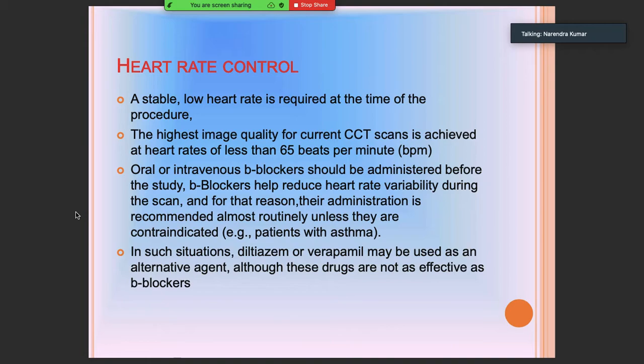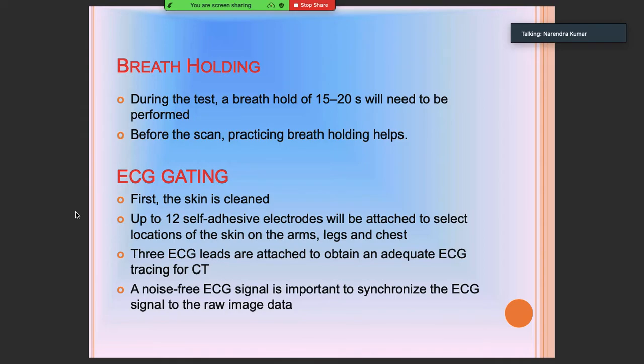Similarly, on the other side, good heart rate control is very important, for which, as I said, less than 65 beats is the ideal one. So ivabradine can be used, or a beta blocker can also be used, even sometimes diltiazem or verapamil as well. Then comes the concept of breath holding.